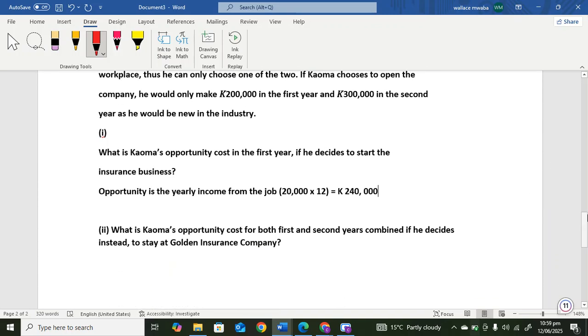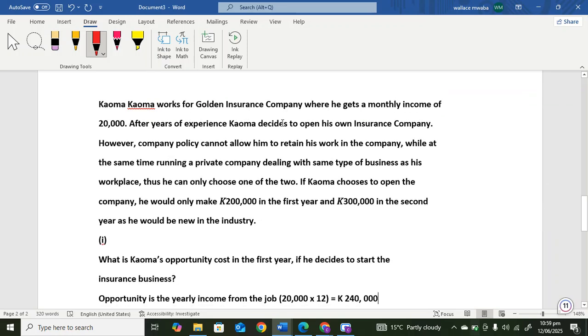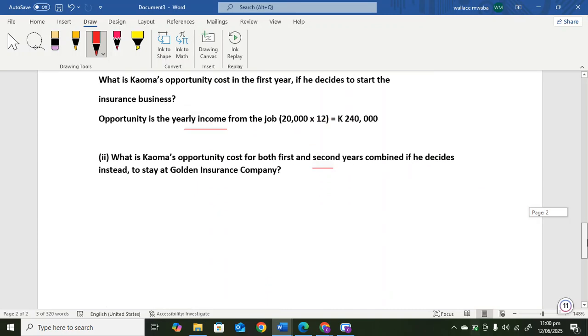What is Kaoma's opportunity cost for both first and second years combined if he decides to stay at Golden Insurance Company? So if he decides to stay working here, he's going to give up the 200,000 he'd have made in the first year and the 300,000 he'd have made in the second year.